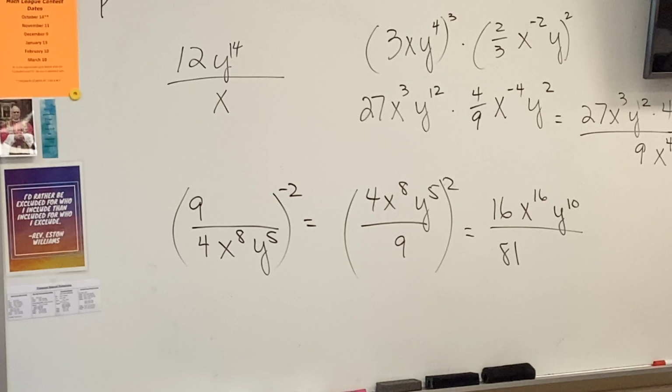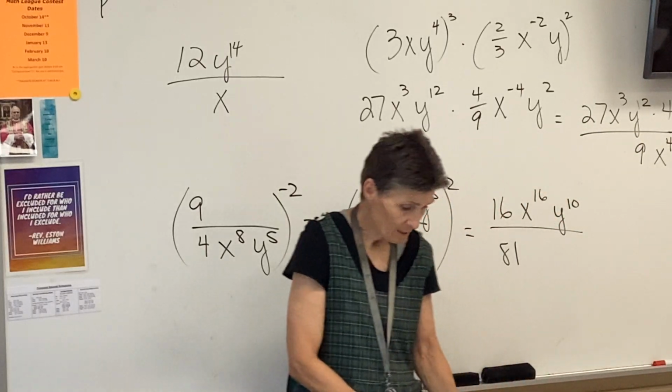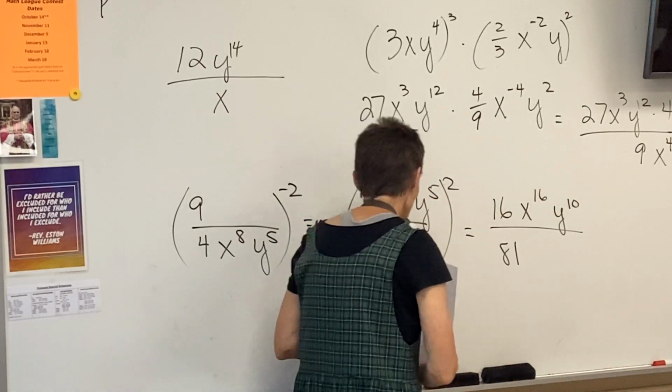Are we okay with that? Okay. Given A and B, write the equation of the circle with a diameter of AB.